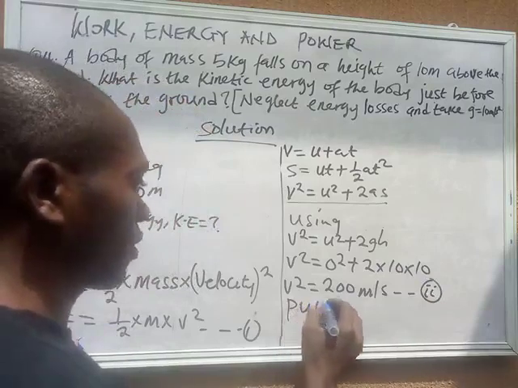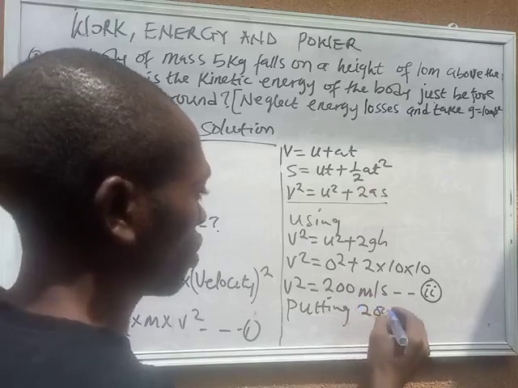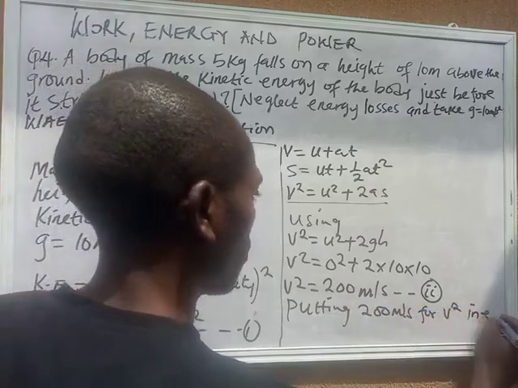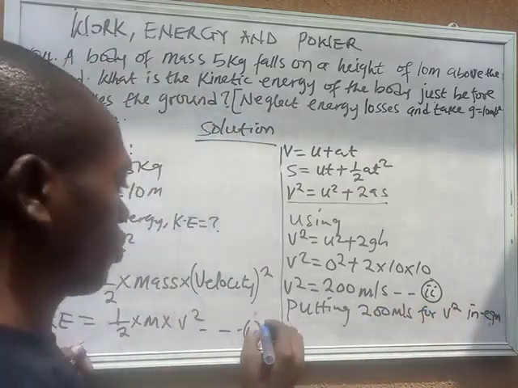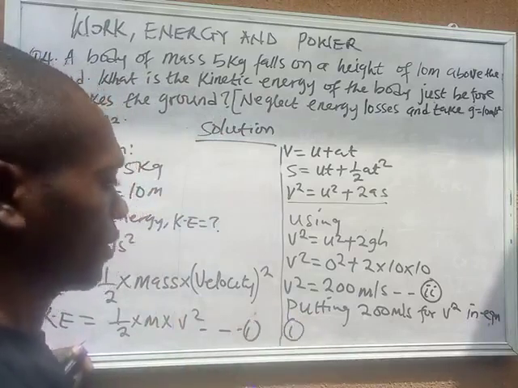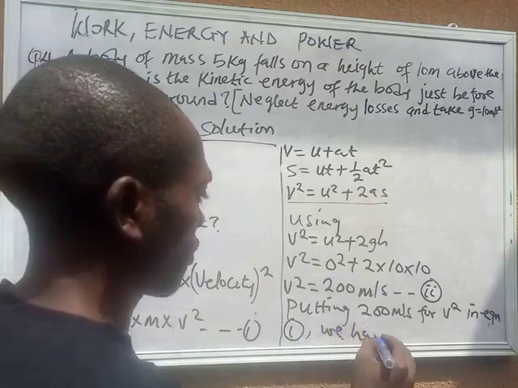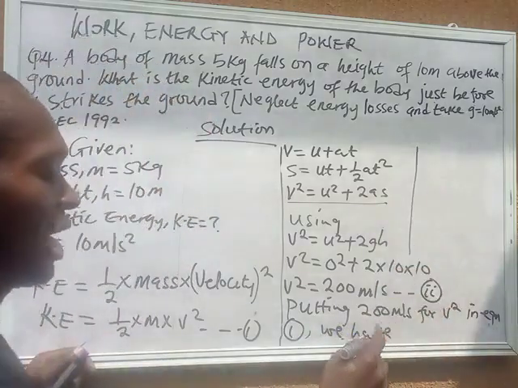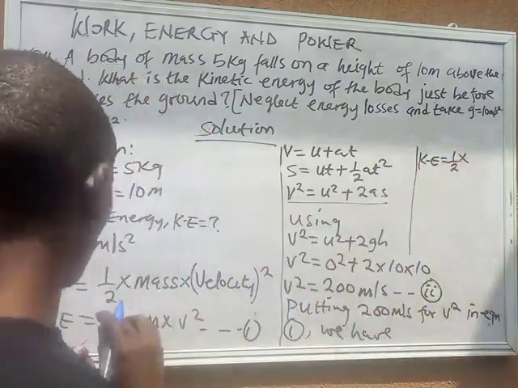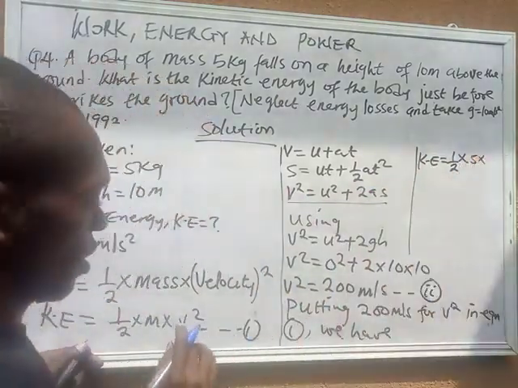So we can say, putting 200 for v squared in equation 1, we have KE is the same thing as 1/2 times mass, which is 5, times v squared.